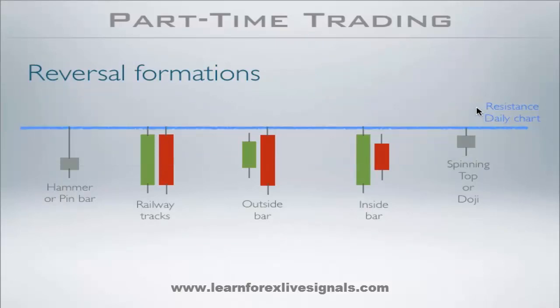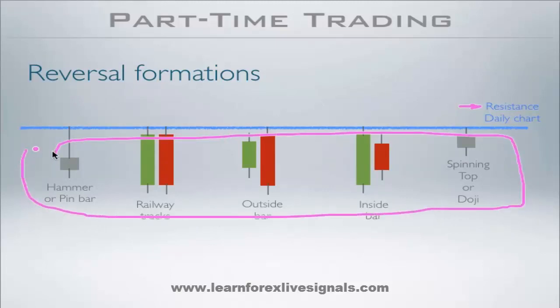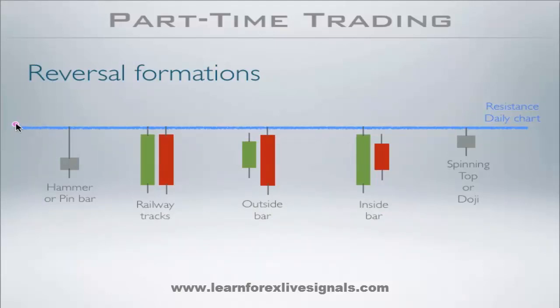whenever we find a support or resistance level, these are the formations that may indicate an upcoming reversal move. Since this is a resistance, that means that price is immediately below that level, maybe coming back to retest that level.